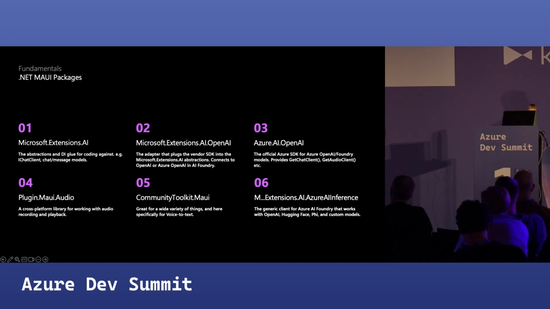If you are going to go beyond what's provided by OpenAI, and look into Hugging Face and whatever else you find in the model catalog, you're probably going to want to use this package instead. Again, the only one you're really coding against is Microsoft Extensions AI. And then the implementation is what gets provided by these other packages, like the OpenAI package and the Azure AI Inference package. Clear as mud?